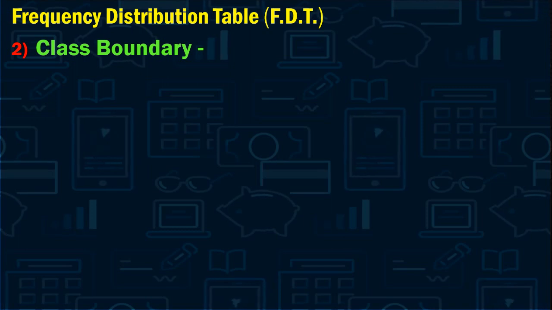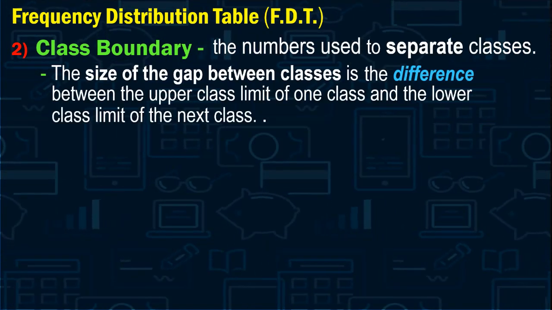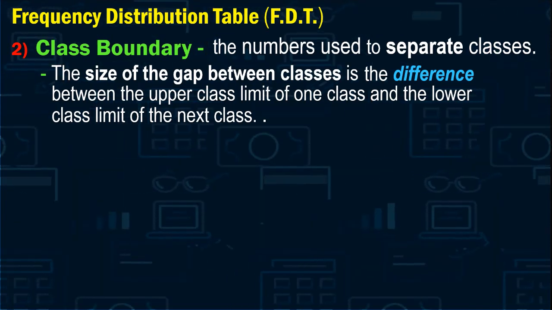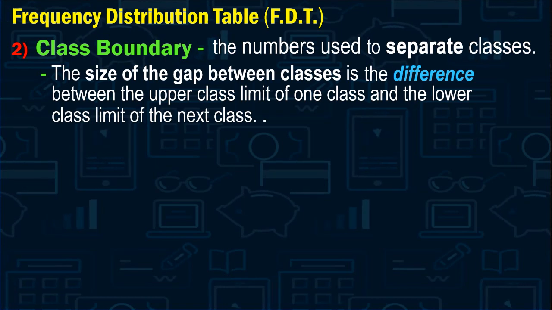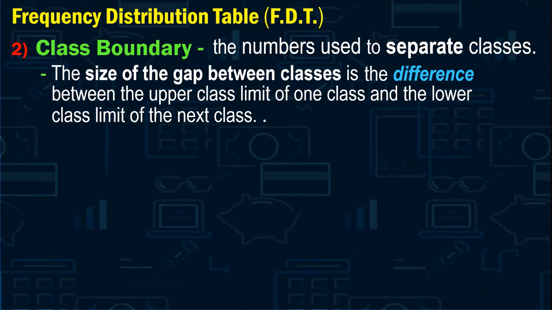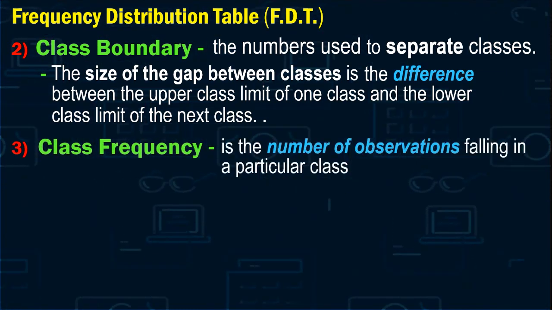Second, class boundary. It is the number used to separate classes. The size of the gap between classes is the difference between the upper class limit of one class and the lower class limit of the next class. Third, we have the class frequency.